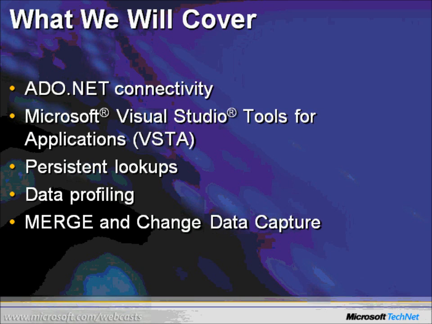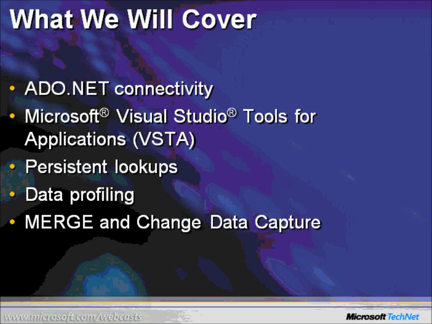So as we get started, let's take a look at what we're going to cover today. It's broken into a couple different areas as we look at the new support for data sources through ADO.NET. We're also going to take a look at VSTA, and that is not a misprint. That is VSTA, not Vista.